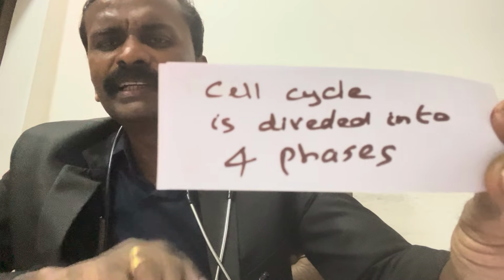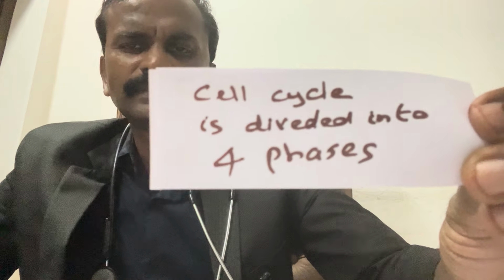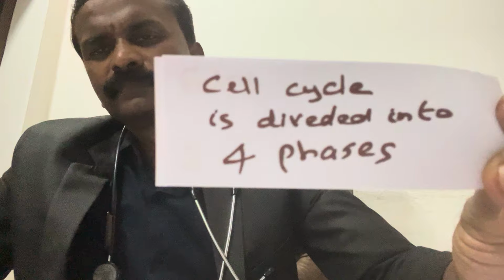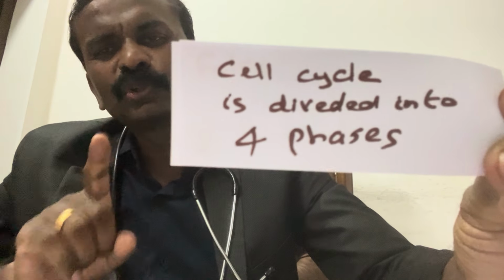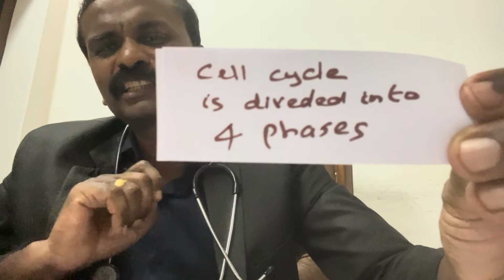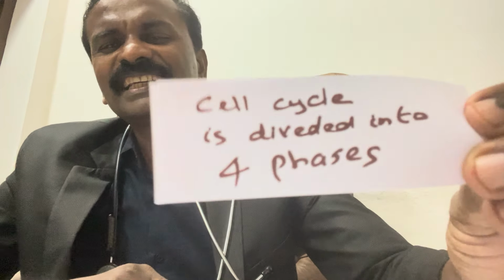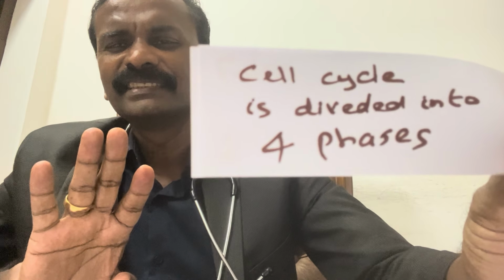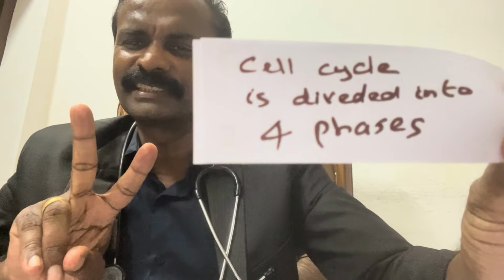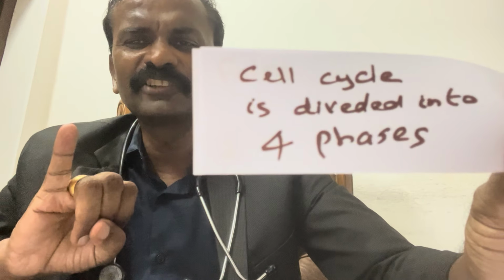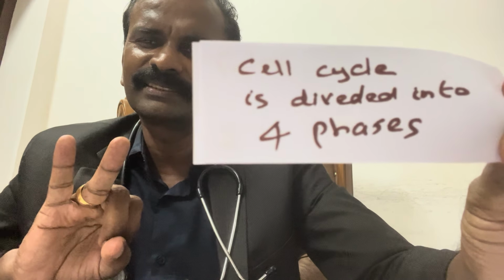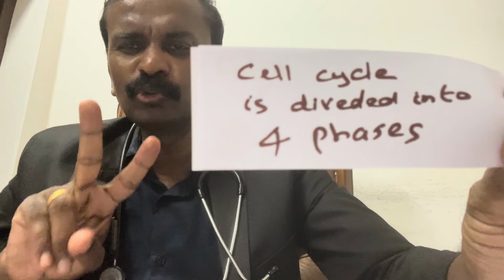Cell cycle is divided into 4 phases. True or false? If your answer is true, you should give the explanation for me. See, cell cycle has only 2 phases.